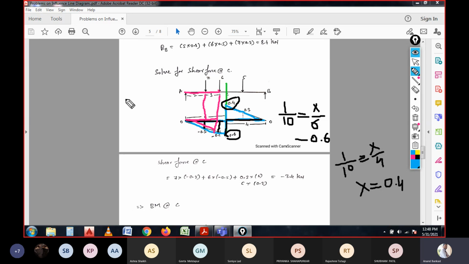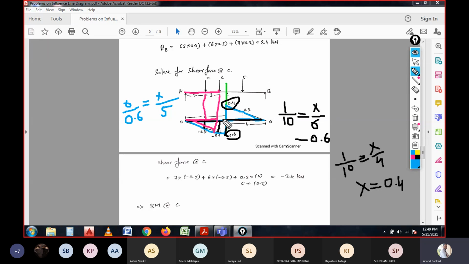Now for this, I write 6 is the span, that is 6 by 0.6, which is equal to unknown divided by 5, that is the length of 5 meters. I hope you got it.